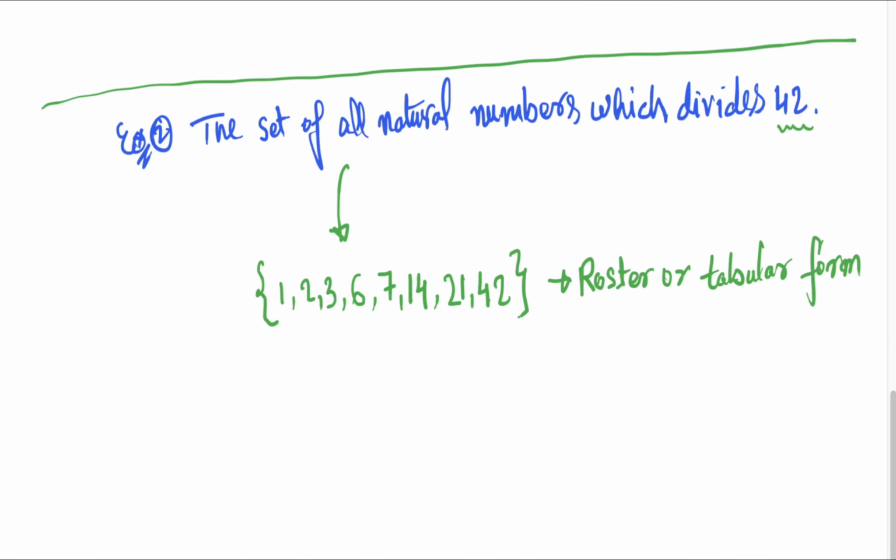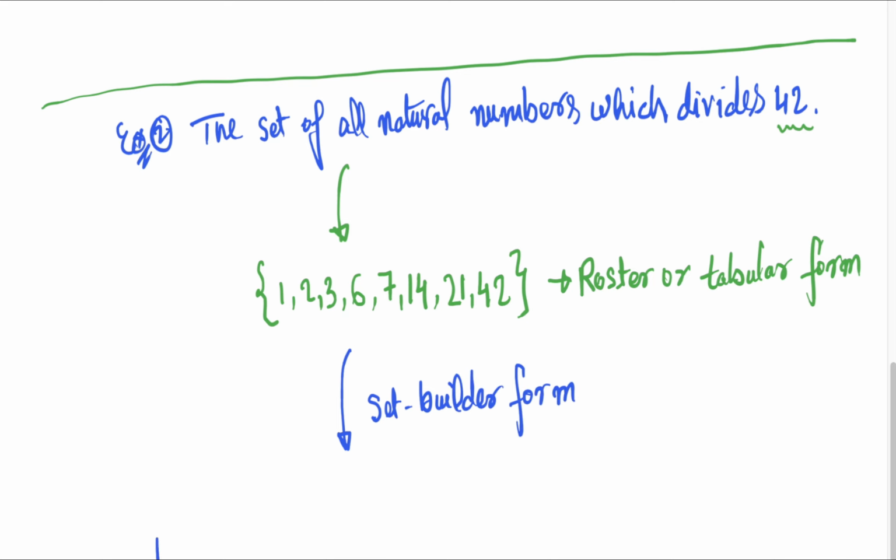Now I'm going to convert this into set builder form. We have successfully converted the question into roster or tabular form, the first form of set representation, and now I'm going to convert it into the second form, set builder form.